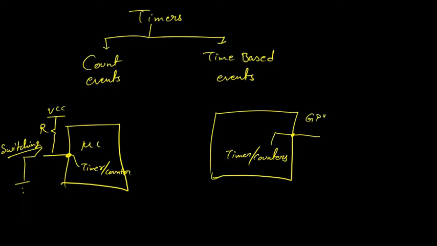So it can go to the GPIO and generate some event, a pulse or a train of pulses, like a square wave generating function or pulse width modulation based functions. Apart from that, it can generate interrupts at a particular time or on a particular event. So these things can be done using timers.